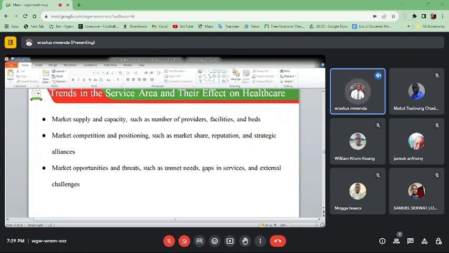And also the formation of strategic alliances. This is in relation to collaborations that we have with the government, with non-governmental organizations, and so on and so forth. So that is a major consideration in terms of various strengths.